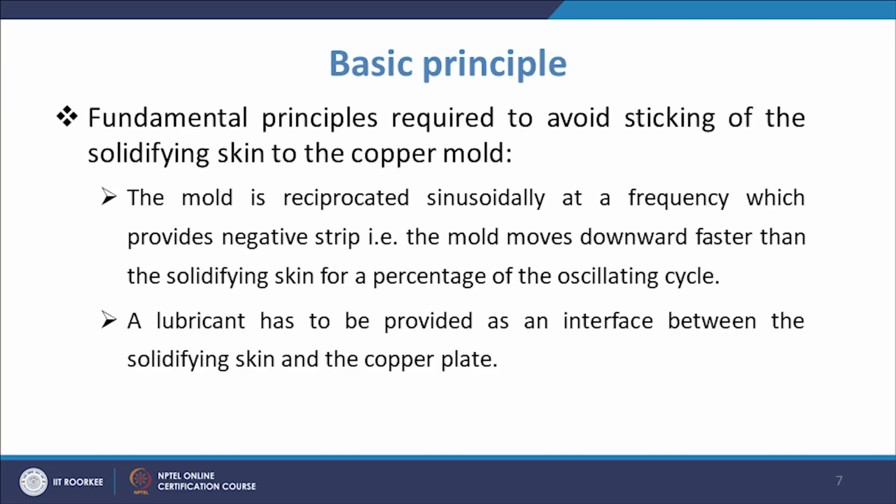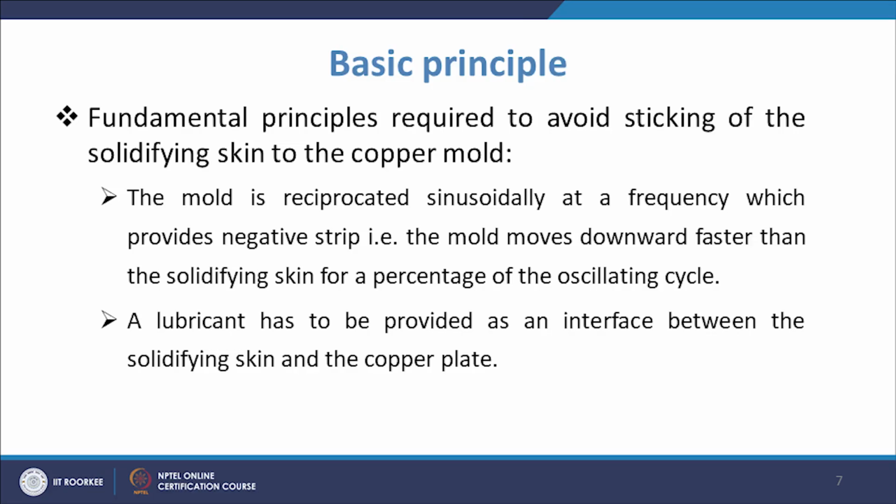Another principle which is required is to avoid the sticking of the solidifying skin to the copper mold. We discussed that this is a challenge: how this solidifying skin has to leave the mold. There are certain ways by which this is achieved.